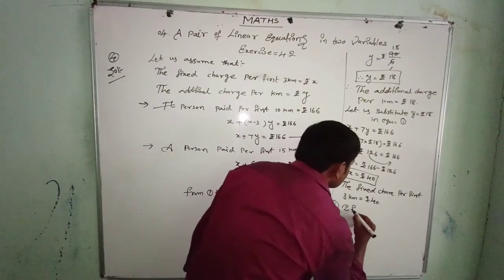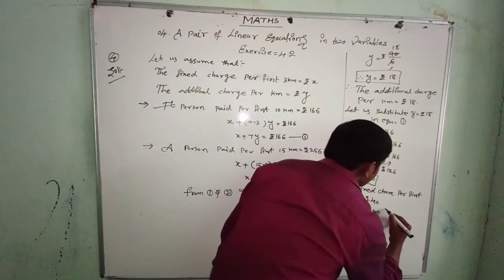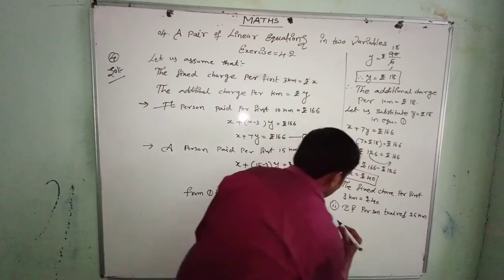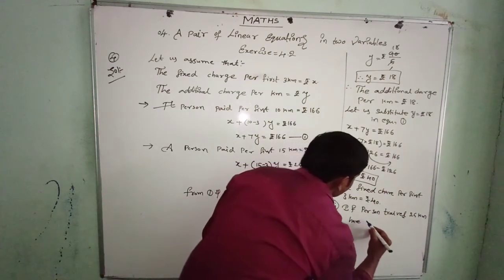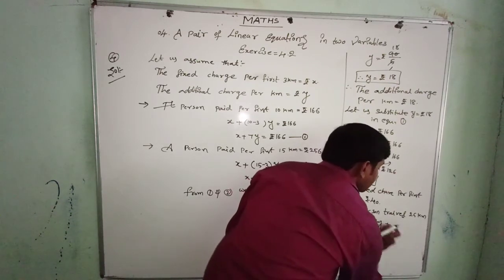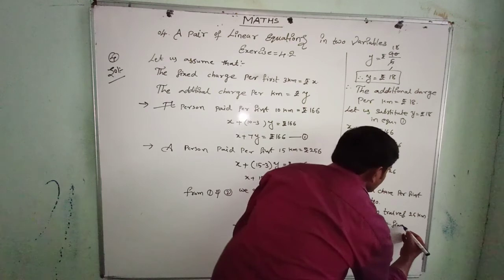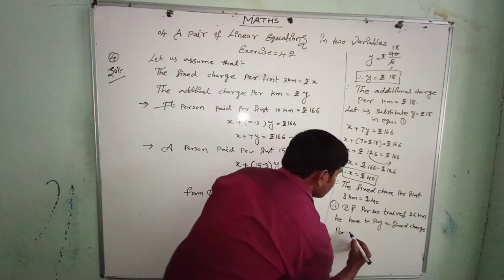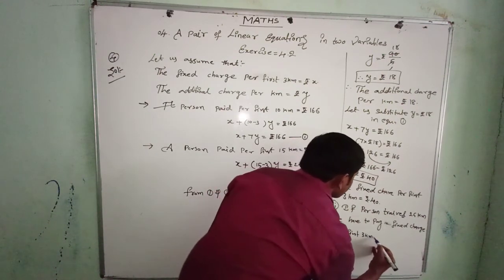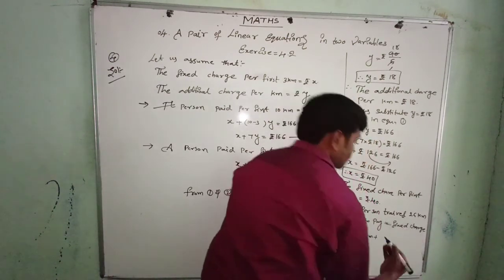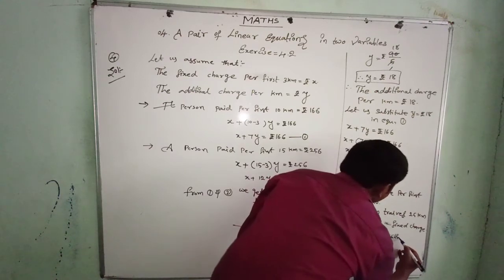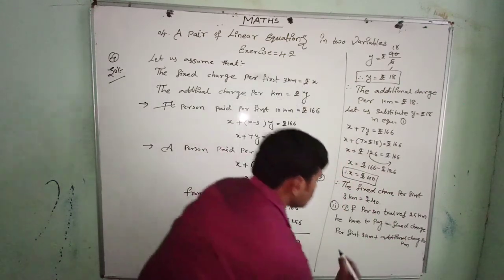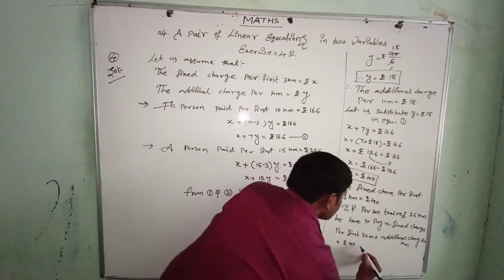If a person travels 25 kilometers, we have to pay fixed charge for first 3 kilometers plus additional charge per kilometer.